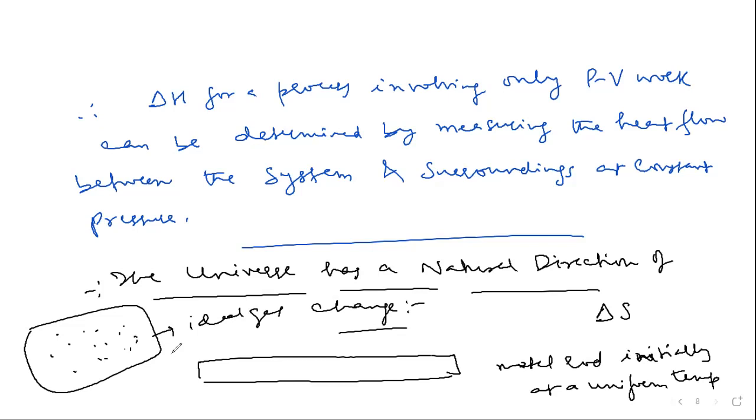Because for an ideal gas, internal energy, dou U by dou V at constant temperature, is 0.